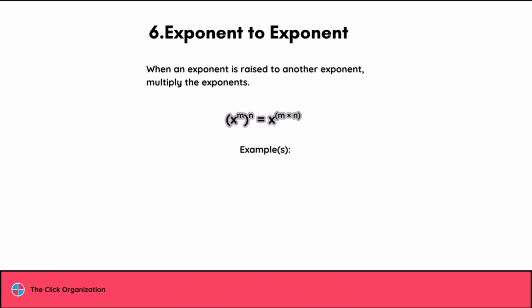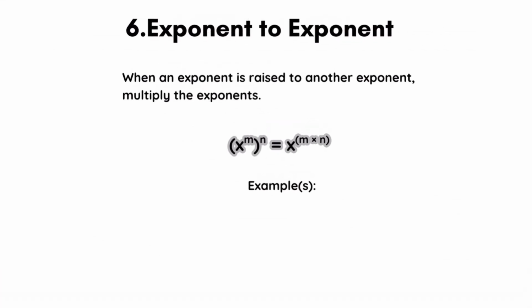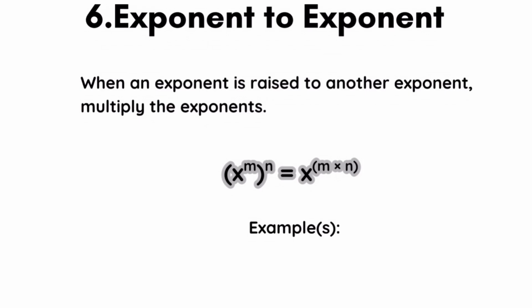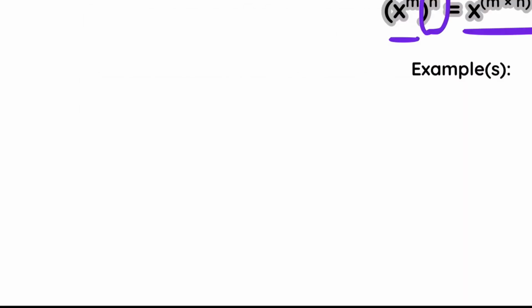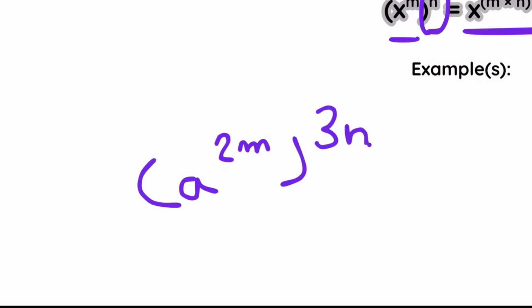The next one, exponent to exponent. This is a very, very popular rule, and it talks about when an exponent is raised to another exponent, multiply the exponents. So I have, for example, x to the power of m all to the power of n. This will equal x to the power of m times n. I have, for example, a to the power of 2m all to the power of 3n.